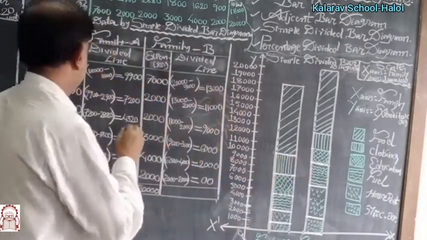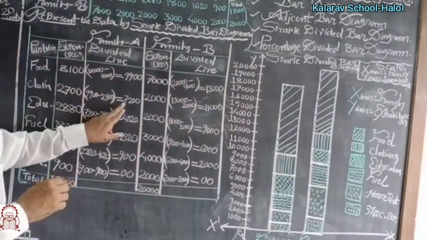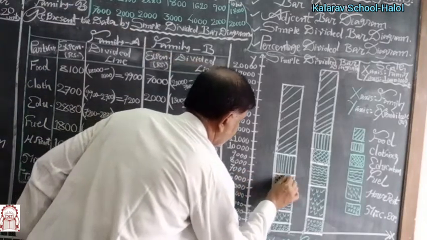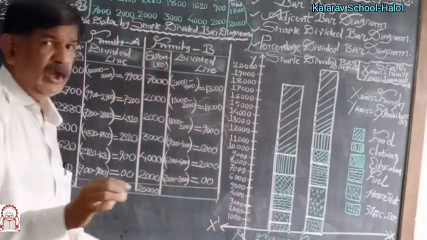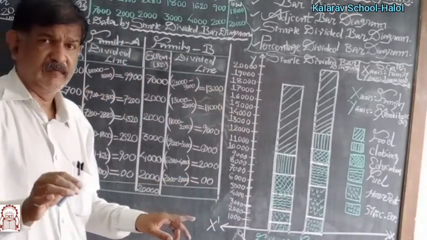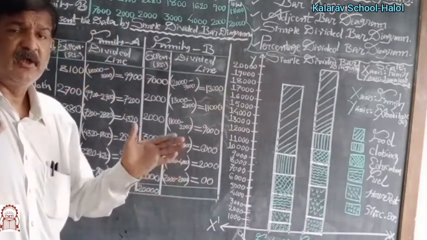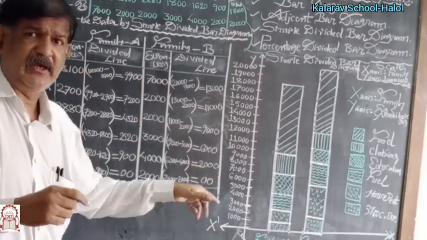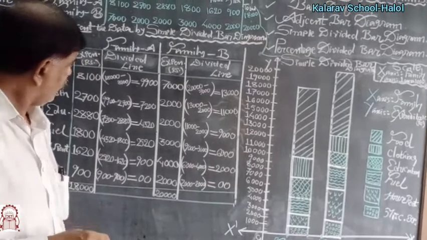Then for clothing, 7,200, somewhere here. In your graph paper it will be perfect, because you will obtain it exactly and accurately.